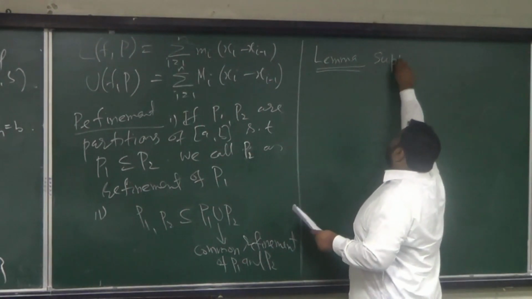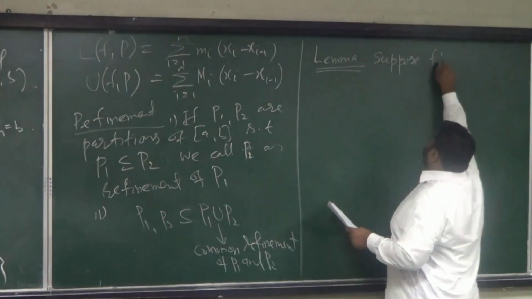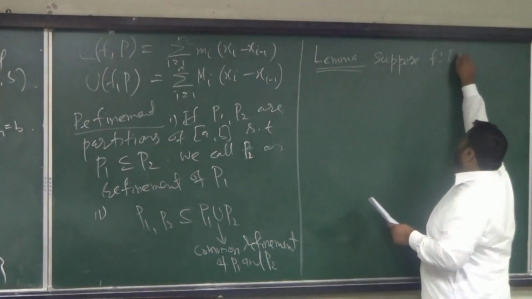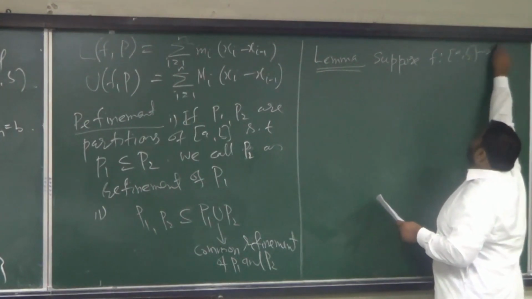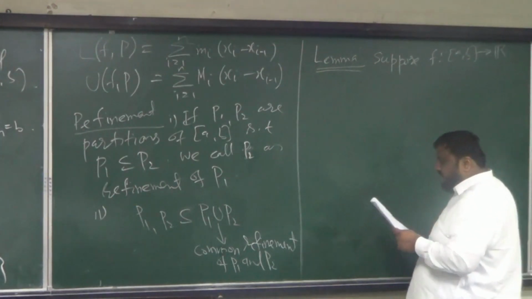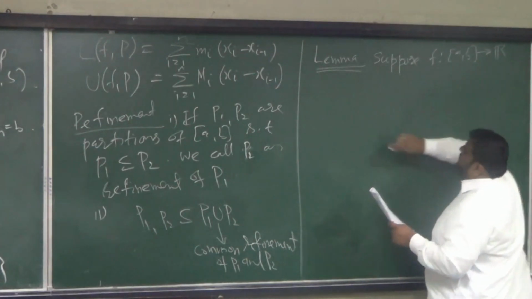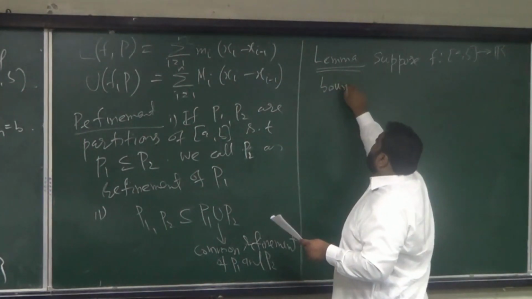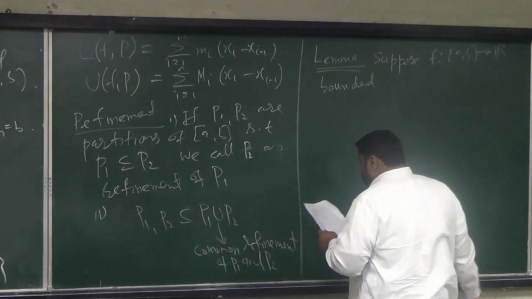So imagine I have a function f from [a, b] into R, and it's obviously bounded. Okay.